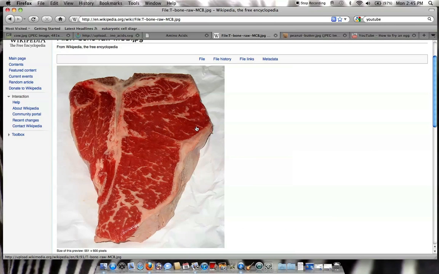the protein, the steak. What we do is we take this protein in its final form, muscle. We take that in. Our body then breaks it down into various amino acids that make up this protein.